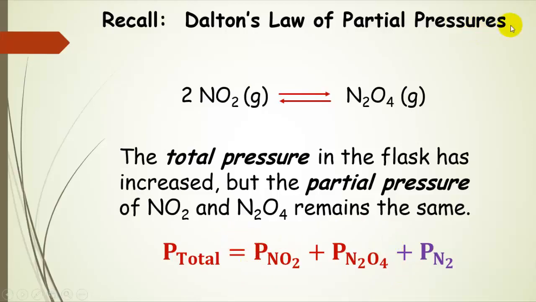This is just a reminder of Dalton's law of partial pressures. Each gas in the container doesn't know the others exist. Nitrogen dioxide has its own partial pressure, dinitrogen tetroxide has its own partial pressure, and because we added an inert gas and didn't allow the volume to change, the reacting gases don't care that it's around. All that did was increase the total pressure, but the partial pressure of each of our reacting gases stayed the same.